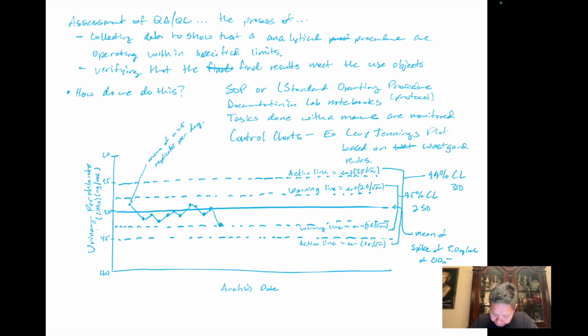But then, oh no, the next day comes by. We already had the previous day sitting right on top of the 95% confidence interval line. So the next day, the mean jumps all the way up to the action line. Uh-oh. Now we are 3 standard deviations away from the mean, or the 99% confidence level.